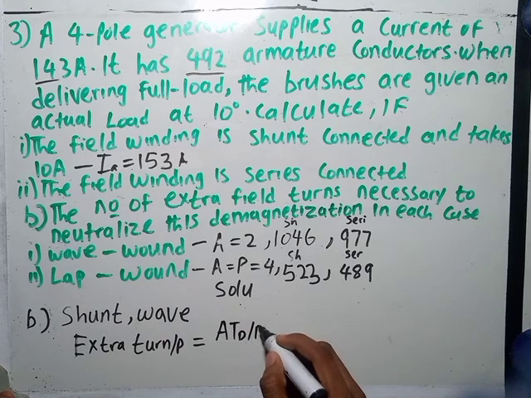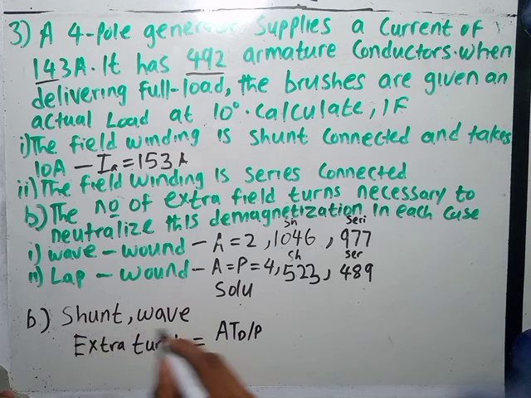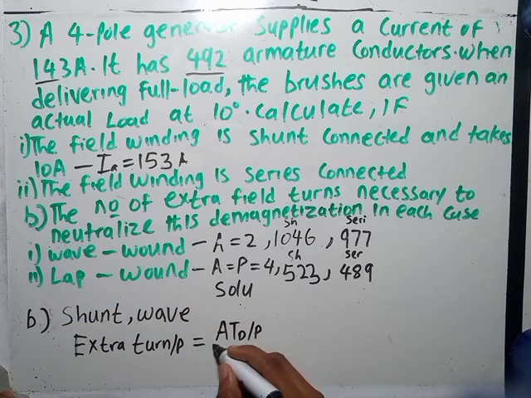I will be using the one that we got from the A part of this particular set of questions for this particular condition. Now, our I will be I shunt. The I I will be using in this case will be I shunt, while that of series will still remain your 143. But it's only for your shunts that some things are changing.